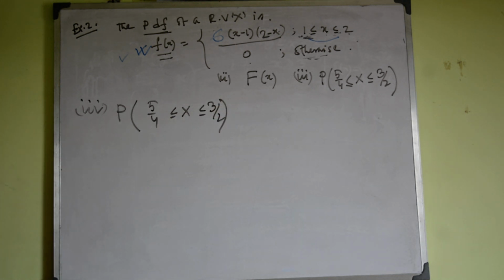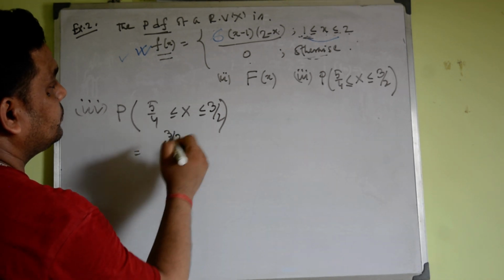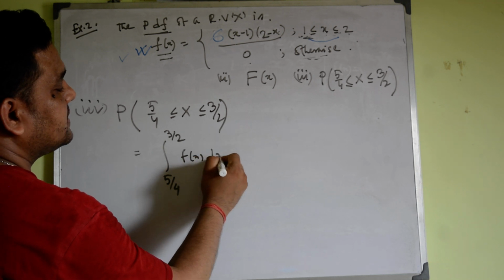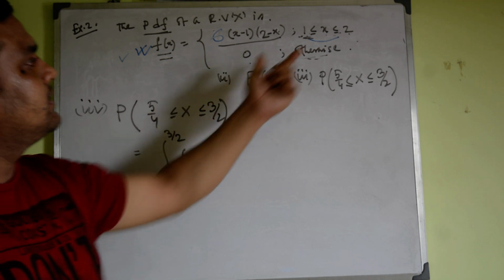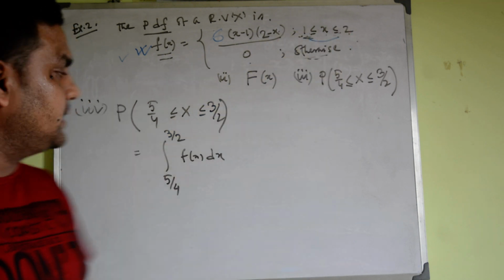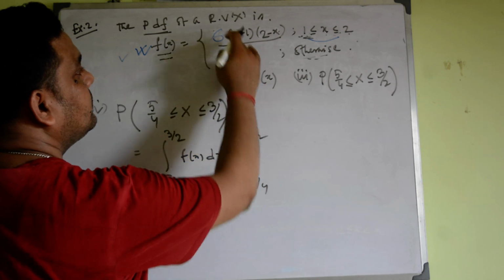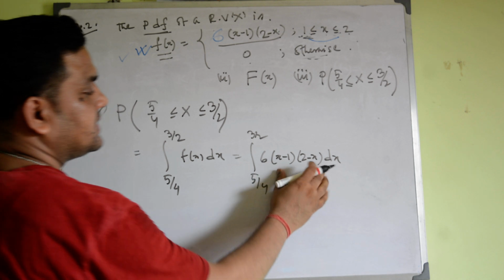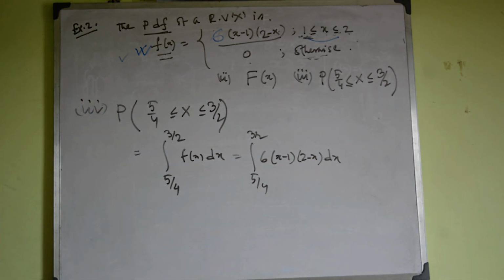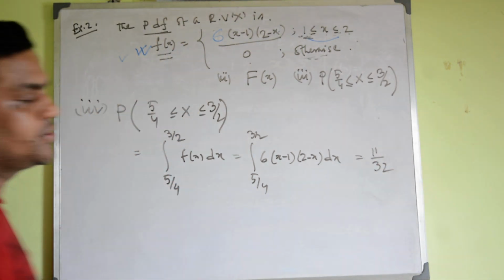You can calculate it easily by taking the integration from 5/4 to 3/2 of f(x) dx. 5/4 means 1 point something and 3/2 is also 1 point something, so both belong to that particular interval. Within that interval the density is 6 into (x minus 1) into (2 minus x), so you write the integral of 6(x-1)(2-x) dx. Just integrate it and you will get the result. It's a very simple integration. The answer is 11/32.